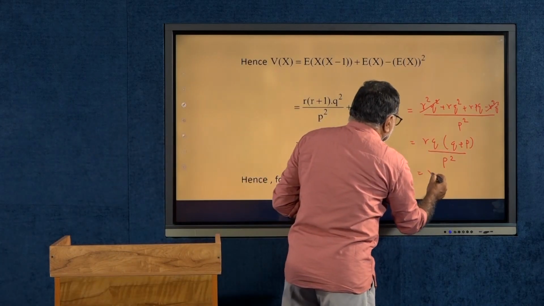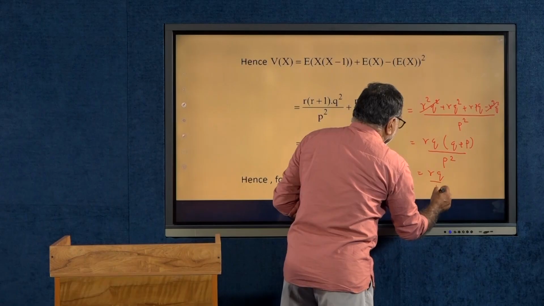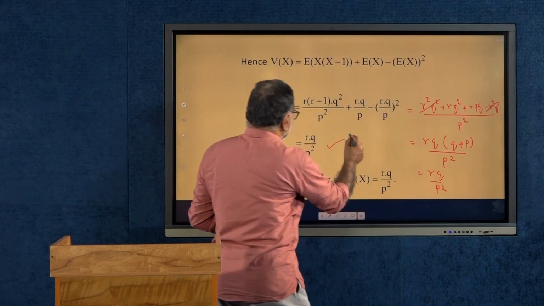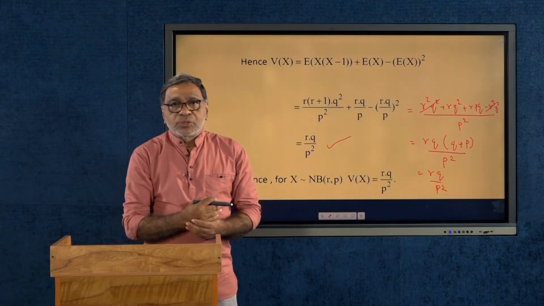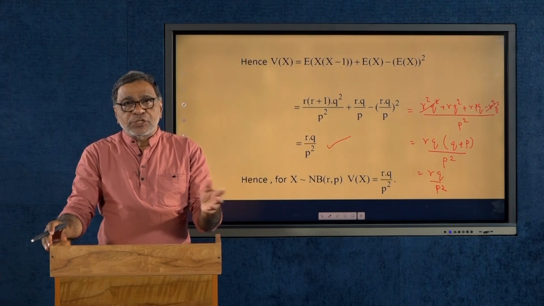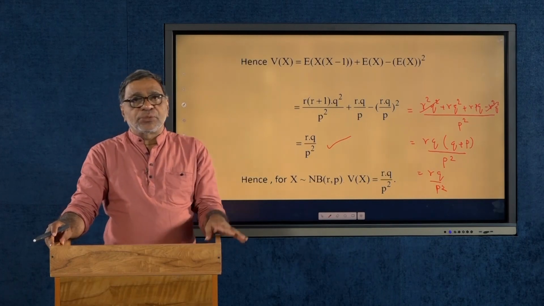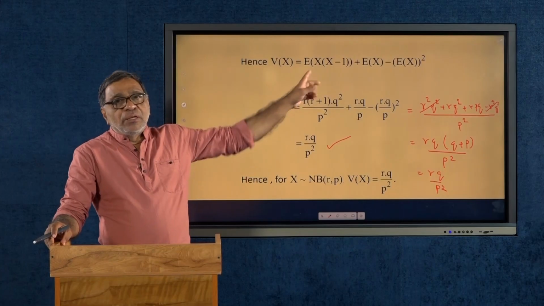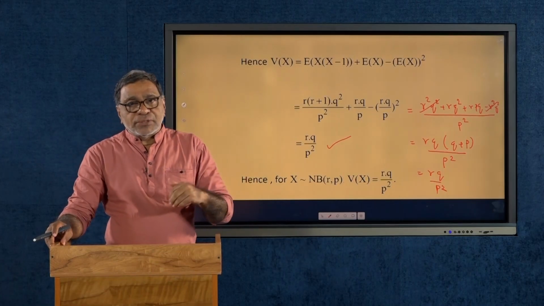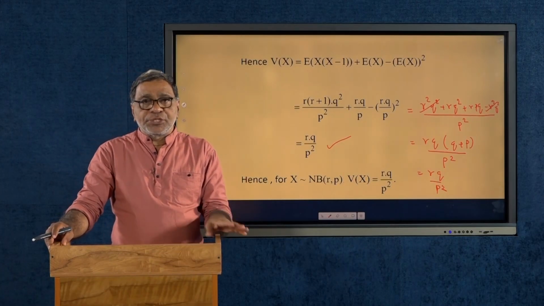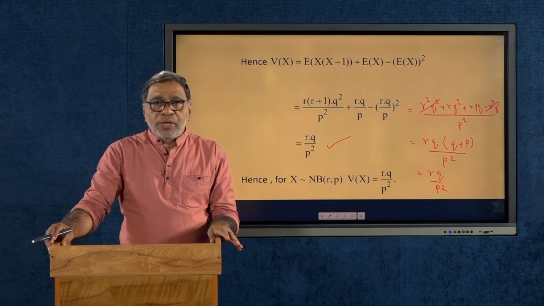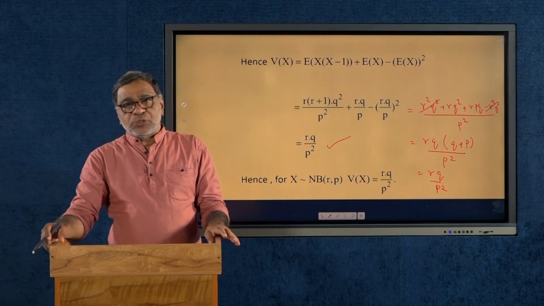So this is r q divided by p square. So the expectation of x into x minus 1 and the expectation of x values are substituted in the variance formula, and after simplifying the expression, we have the variance r q divided by p square.